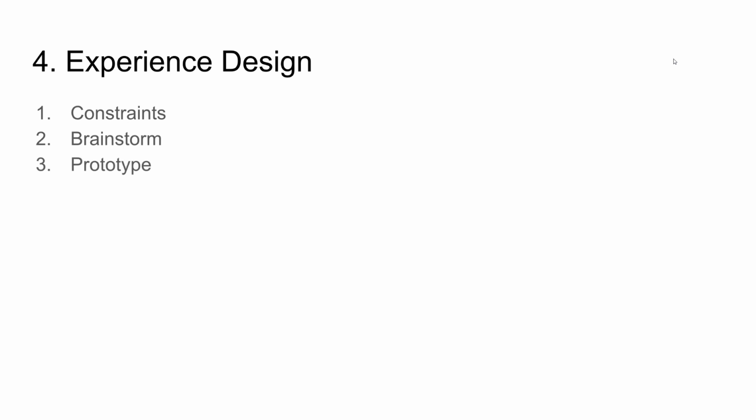And then prototype, trying to create as simple a version of the product as you can so you can test it and get feedback, and then it loops back to maybe brainstorming or prototyping once you have data from tests. So I'm going to focus on brainstorming for now because constraints are covered by whatever subject you're working with. Prototyping is just the development things we talked about, and testing I will get to in the next slide.